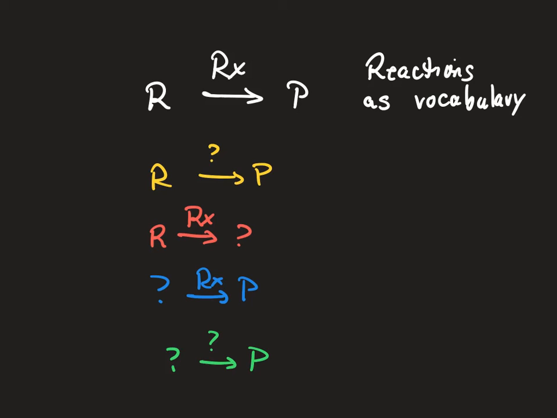Right? So those are standard patterns of questions that we will ask as we learn reactions. So every time we learn reactions, the tests on those reactions will involve those kinds of questions.